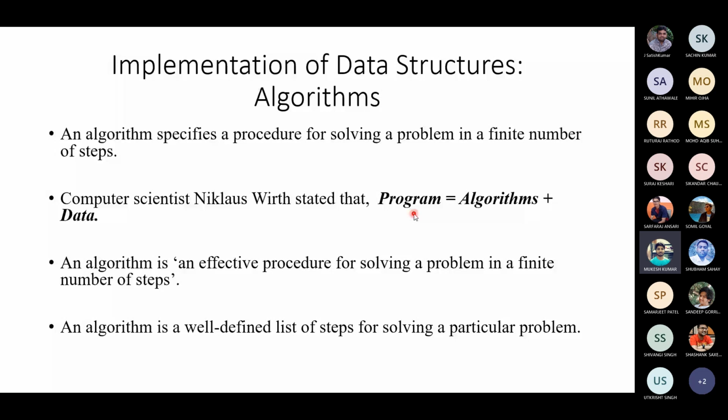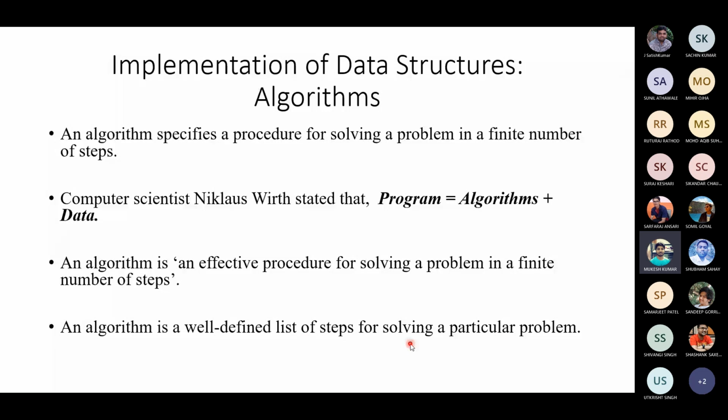So an algorithm is an effective procedure for solving a problem in a finite number of steps. That is what we define here. An algorithm is a well-defined list of steps for solving a particular problem. These are the same words, but I keep repeating that there is a particular problem, and we are going to define a list of steps for solving it.